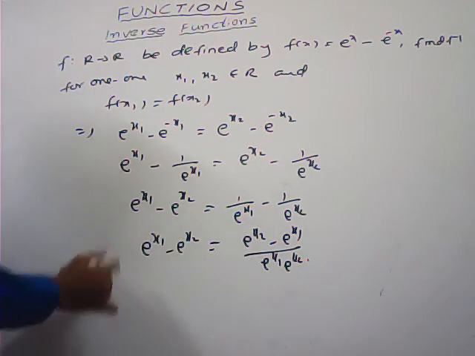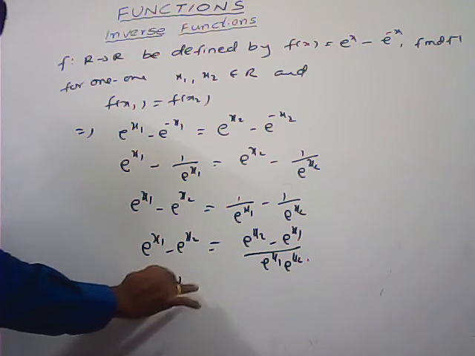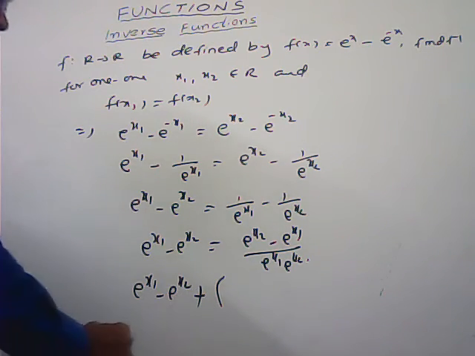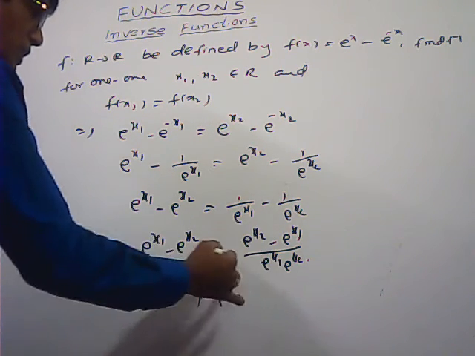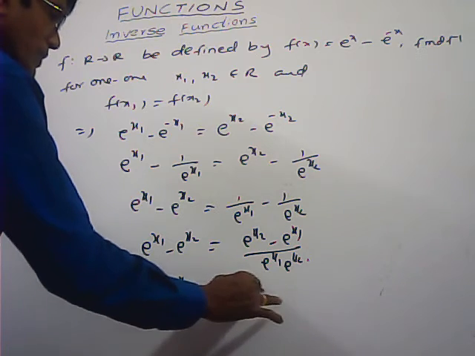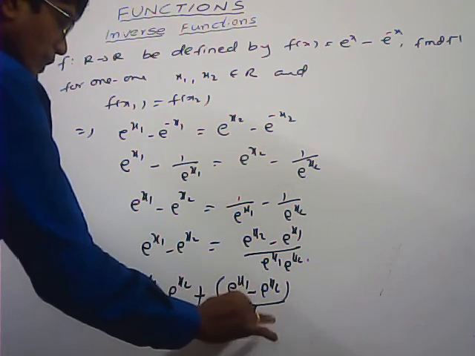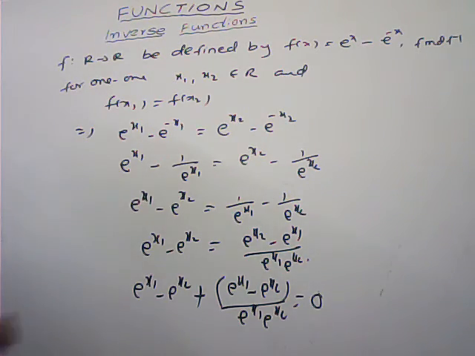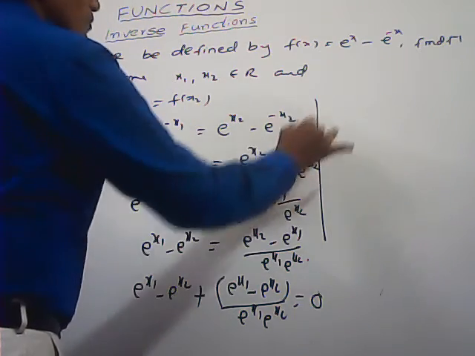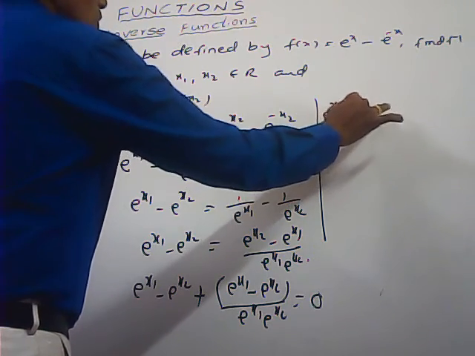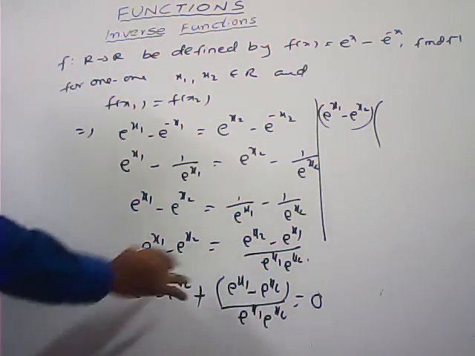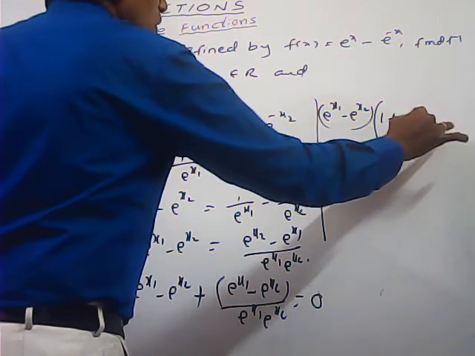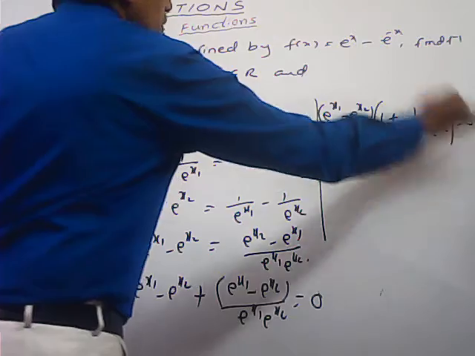Next, transposing this side, e power x1 minus e power x2 plus e power x1 minus e power x2 by e power x1 into e power x2 equals 0. From these two terms I am taking e power x1 minus e power x2 as common: e power x1 minus e power x2 times 1 plus 1 by e power x1 into e power x2 equals 0.